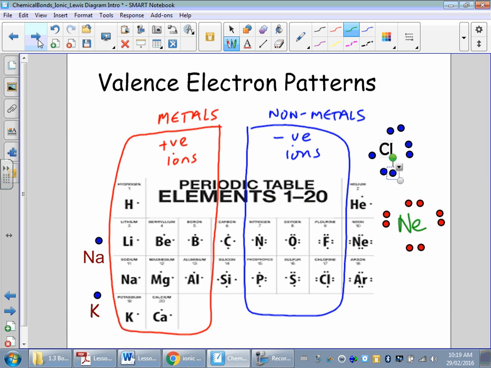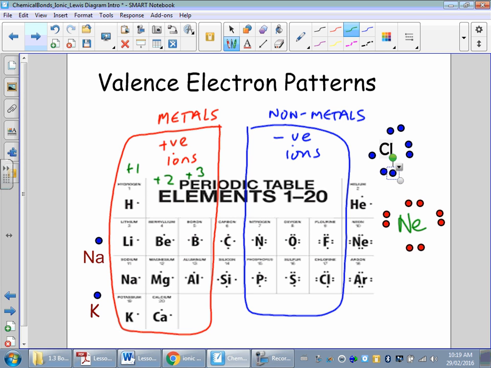The elements in group 1 will become plus 1. The elements in group 2 will become plus 2. Group 3 will become plus 3. The ones in group 4, the carbons and silicon, generally don't take part in ionic bonding. They're right in the middle. They can take or receive electrons, and more so take part in the second type of bonding called covalent bonding.